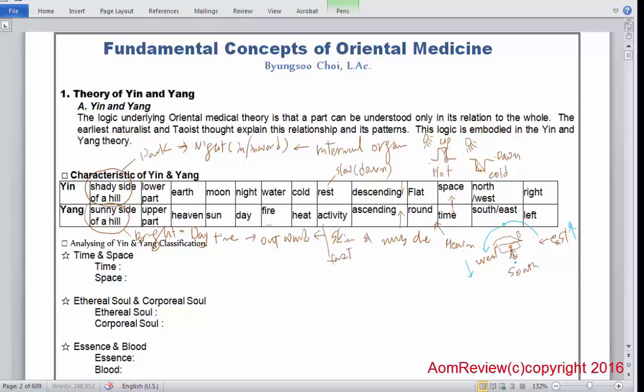Also the front side, facing south, is usually brighter than the north side. So south looks like the Yang type of part, and north is the Yin type of part. In general we understand that the north and west are darker and colder than the south and east.